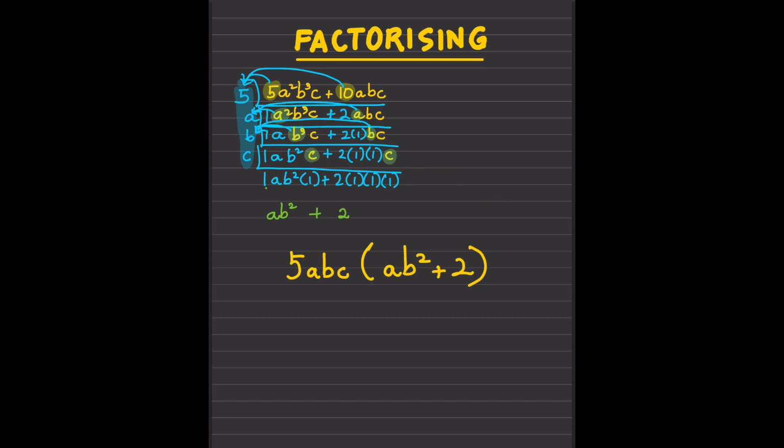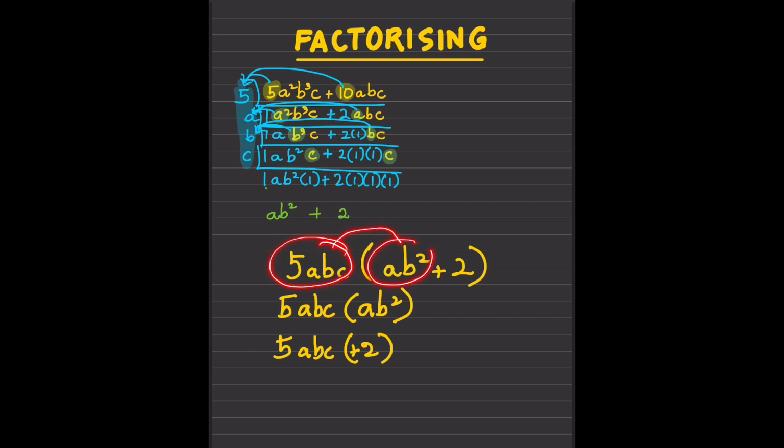This becomes 5abc times ab squared, and then 5abc times positive 2. See what I did? I just distributed this to the first term and distributed this to the second term.